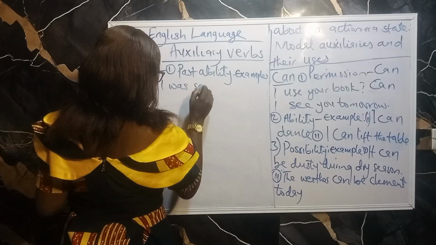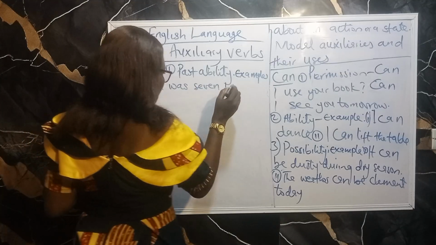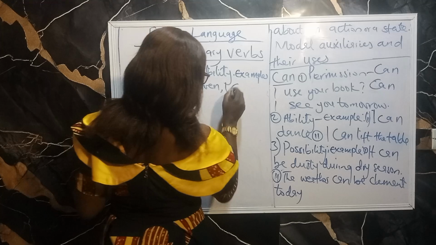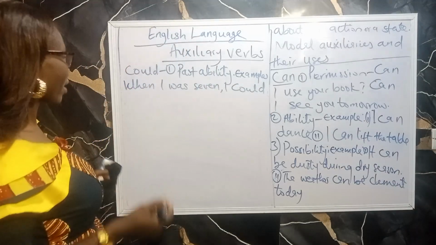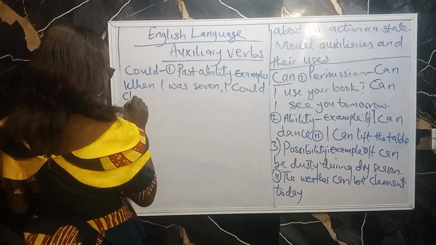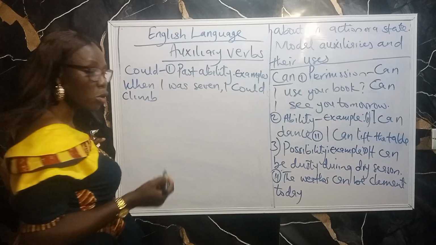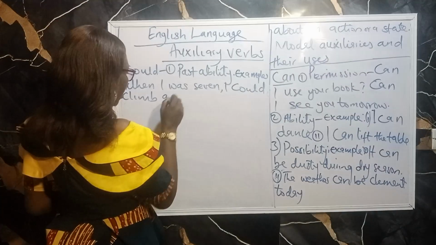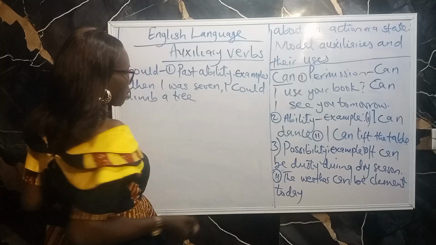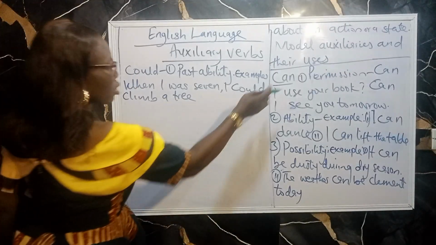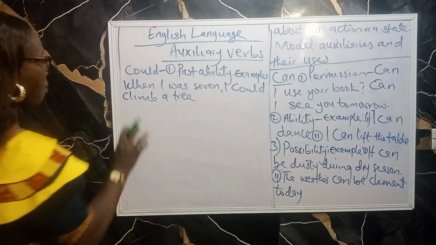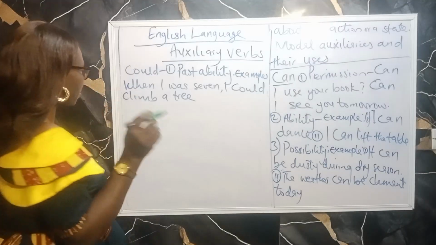When I was 7, I could, not can. I could, remember past ability. I could climb a tree. We're talking about past ability, not present. Can is used for present ability, but could is used for past ability.